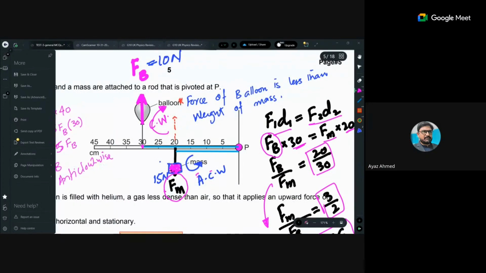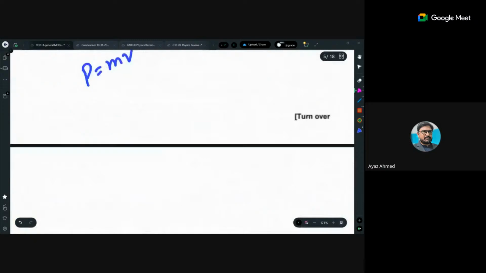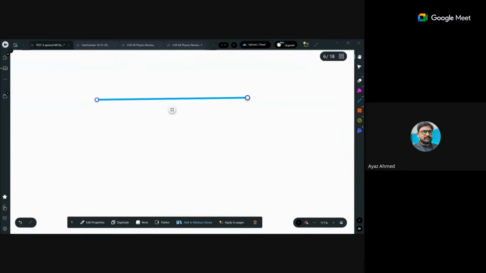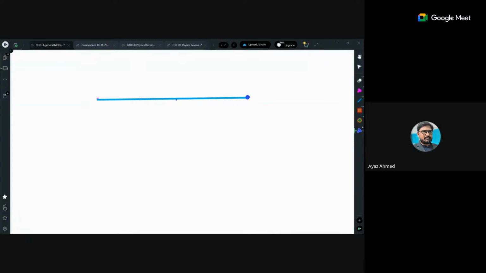ये बहुत ही अहम डायग्राम है. This was a rod, and that rod was pivoted at a point P here. ठीक है ना? And this was actually its pivot. There was a 15 Newton mass attached with this at a distance of how much? 20 centimeter, right?